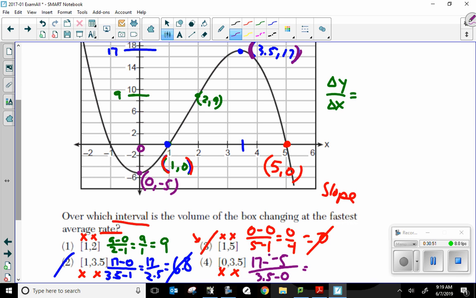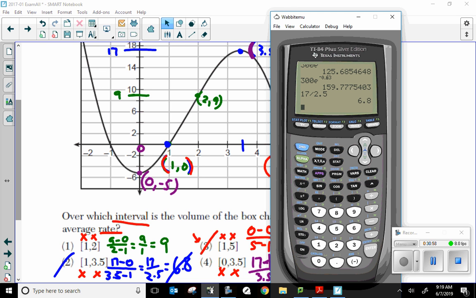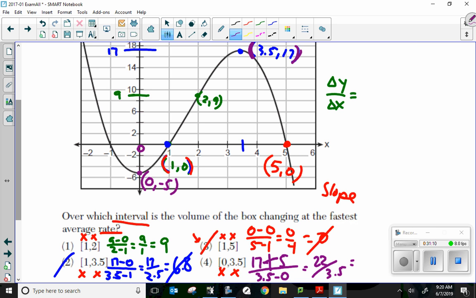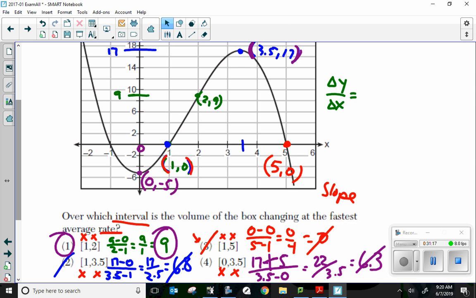When I subtract the negative, it's like adding, so 22 over 3.5. Well, that's less than 9 as well. I think that's 6 something, maybe 6.2. 22 divided by 3.5. Let's call it 6.3. Let's round that up, okay? 6.3. That is not bigger than 9. 9 is your winner, lobster dinner. Choice 1. That's where your box is changing the fastest. Okay, that is the biggest slope.